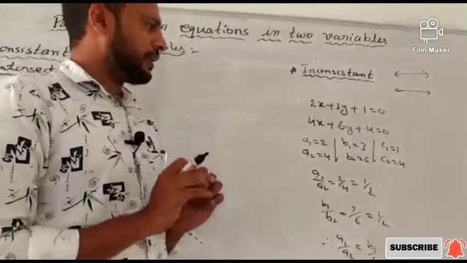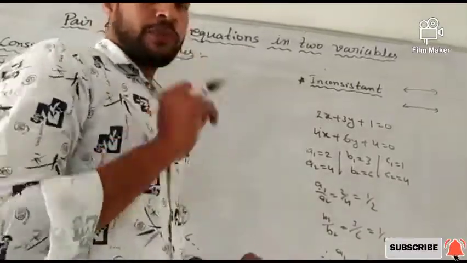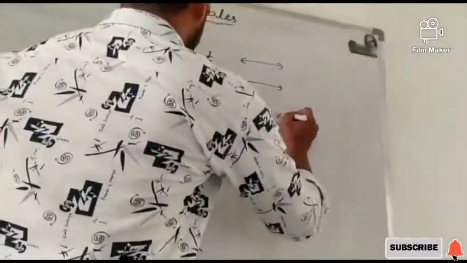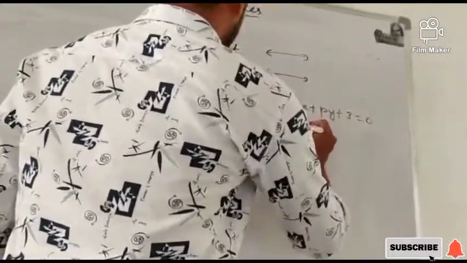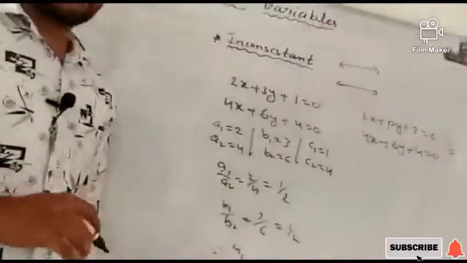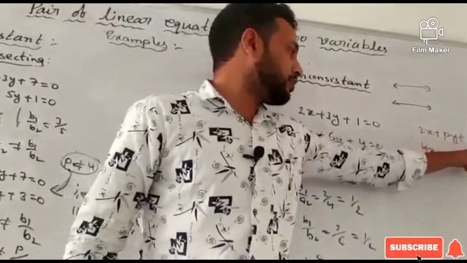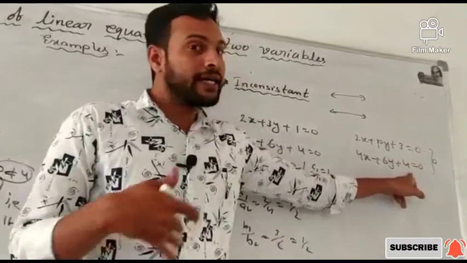So in general, if you want to give the question in another method, there is one more method possible. See here, 2x plus py plus 3 equals 0 and 4x plus 6y plus 4 equals 0 are inconsistent lines.